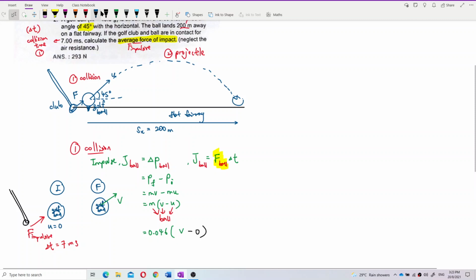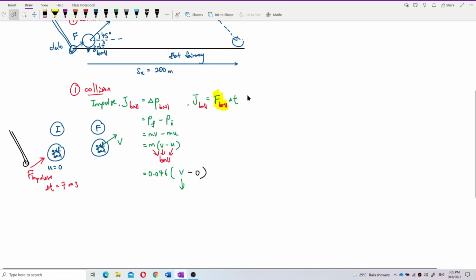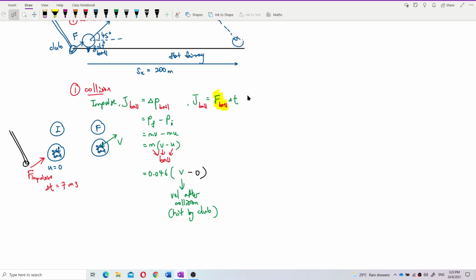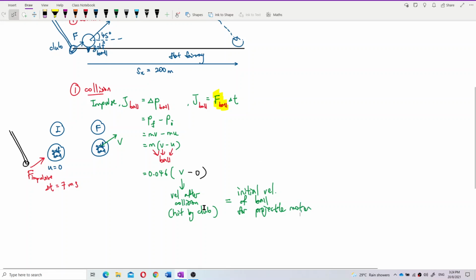This velocity after collision, after being hit by the club, becomes the initial velocity of the ball for projectile motion.